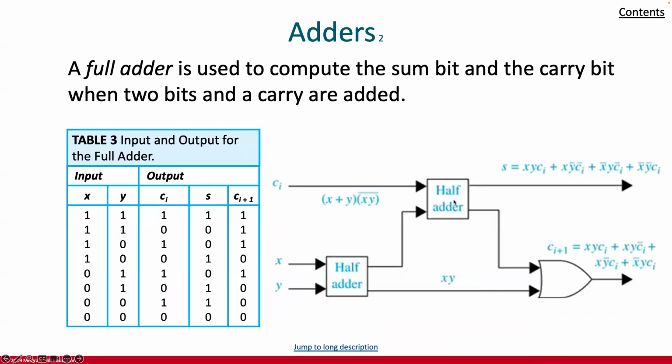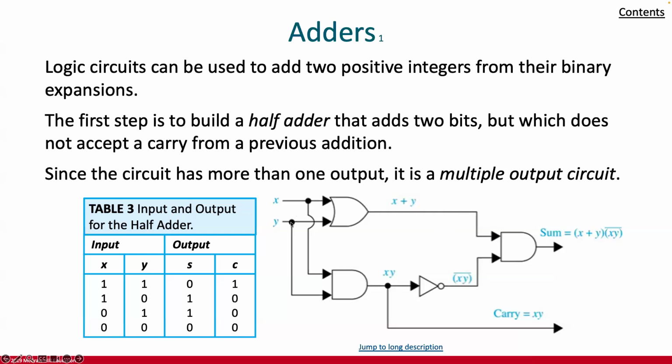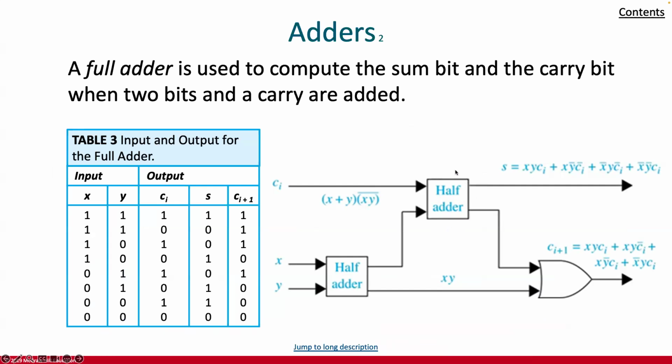Well, now that we have a half adder, we can save some time and just have this be a black box. We're showing two of those black boxes with half adders. Now we have a carry in and a carry out. So we have the carry in, C i, and the carry out, C i plus 1.